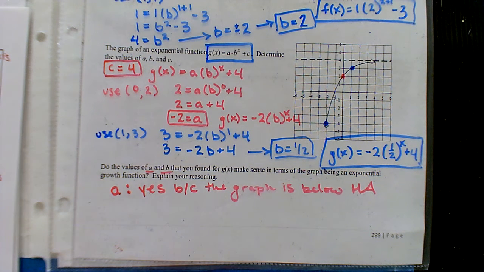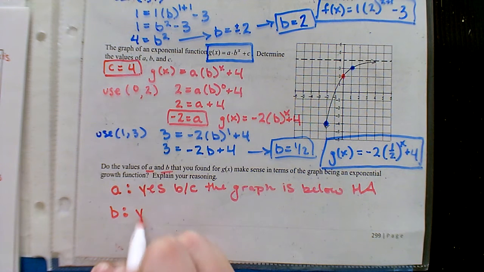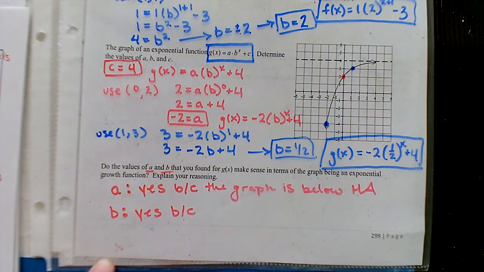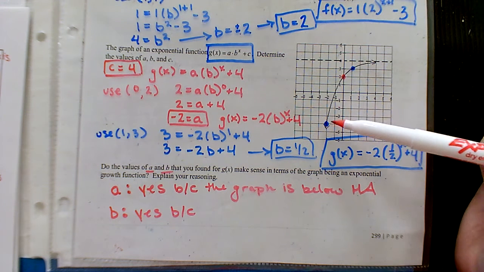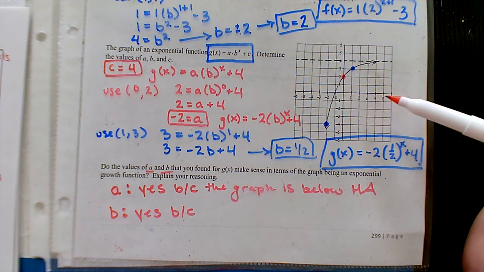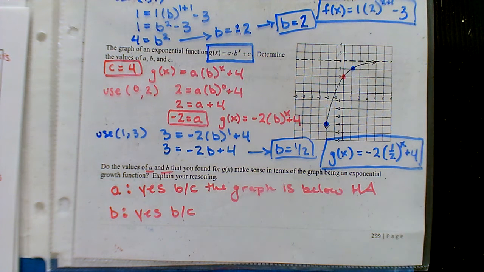What about the B value of 1/2? Does that make sense for this graph that we started with? Why? It's decay. Now, this graph is decay right now, but what was the graph before?